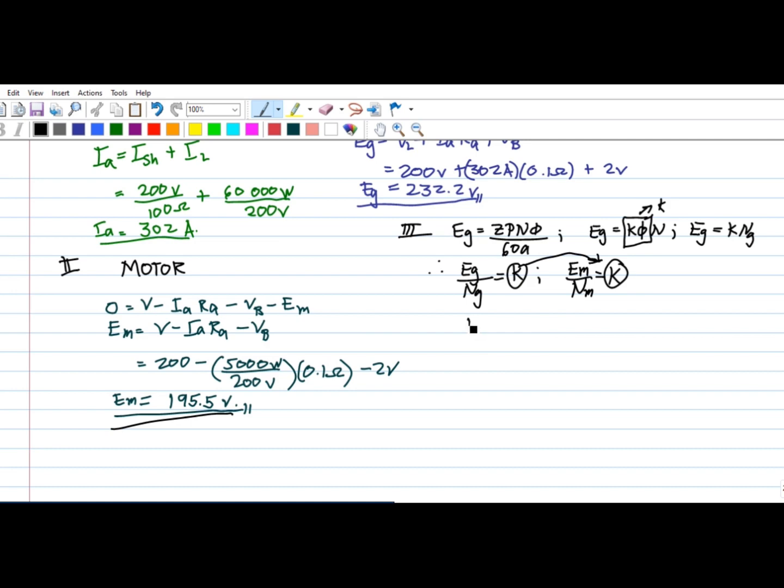So we have E_G over N_G is equal to E_M over N_M.